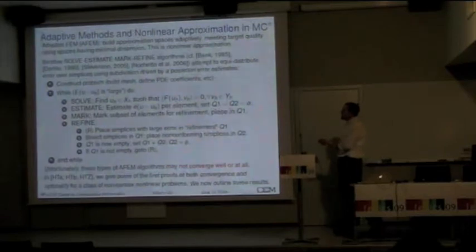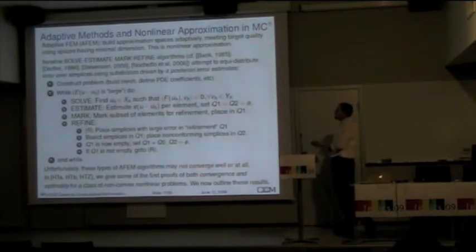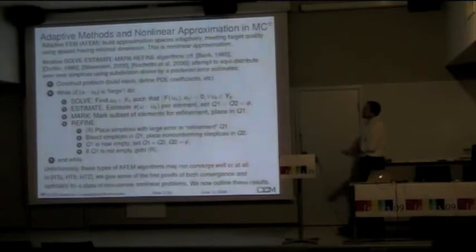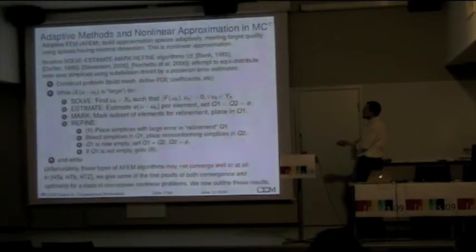You solve the nonlinear problem, and then using the discrete solution, you come up with some estimate for the error locally. And then based on that error estimate, you do some marking strategy where you mark, say, the top 30% in the list of error, the guys that have the largest error in some decision framework.